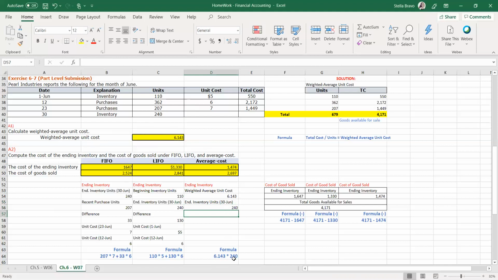So it's just this amount times this amount, and we have our ending inventory for average cost. And that one is like the other two accounts: the goods available for sale minus the ending inventory. So here is the amount.